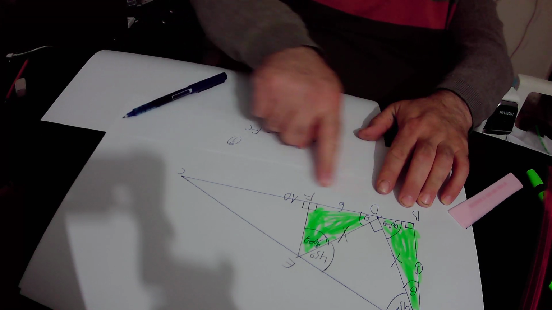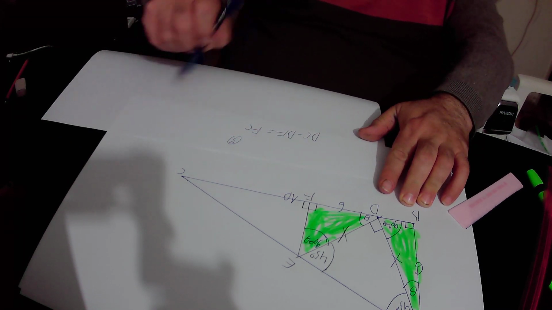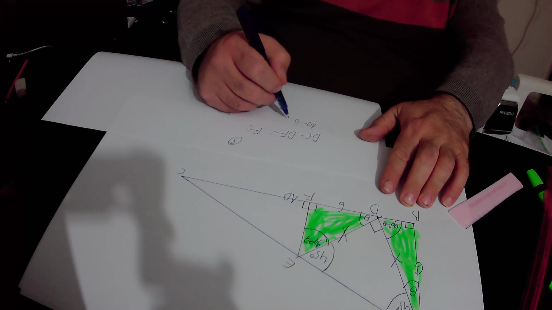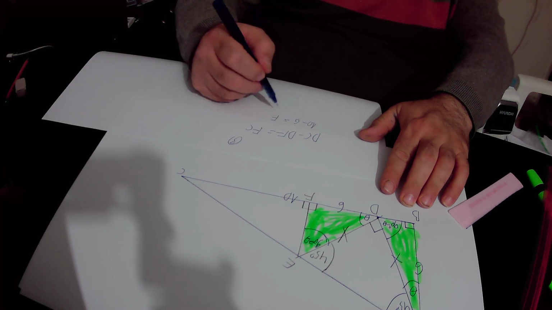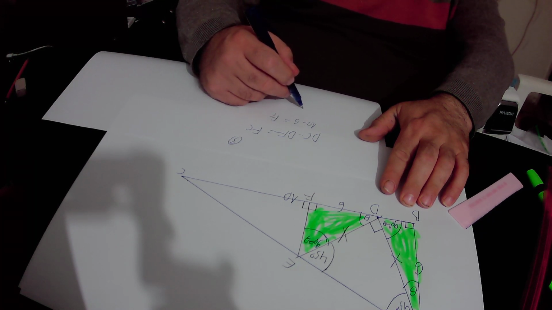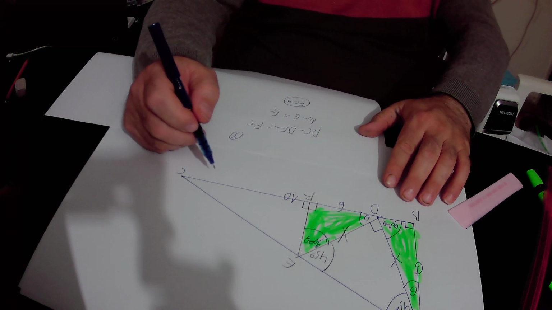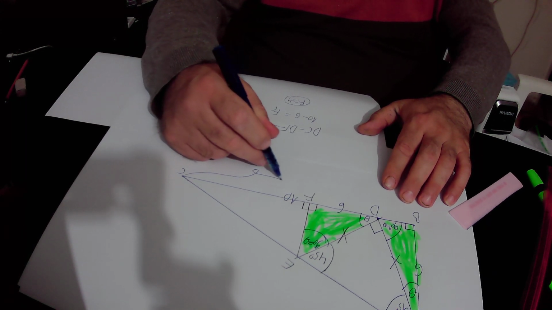I'll repeat again, DC minus DF equals FC. DC is 10 units, DF is 6. So FC equals 10 minus 6, that is 4. FC equals 4 units.